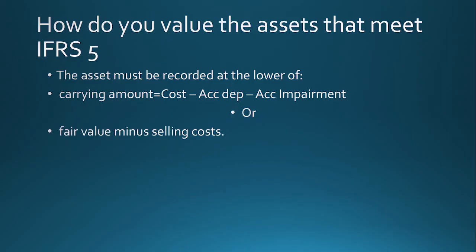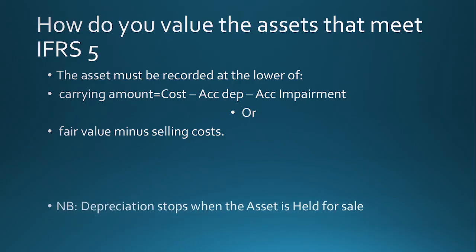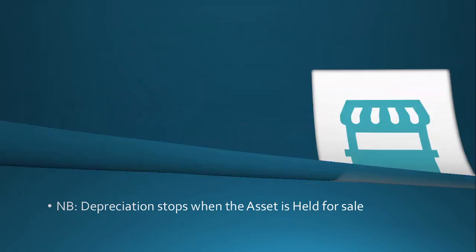So you're going to find out the two amounts, and the non-current asset held for sale is going to be recorded at the lower of these two amounts. Now, something very important to note is that depreciation stops when the asset is held for sale.